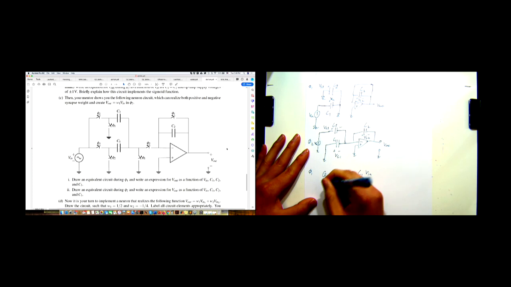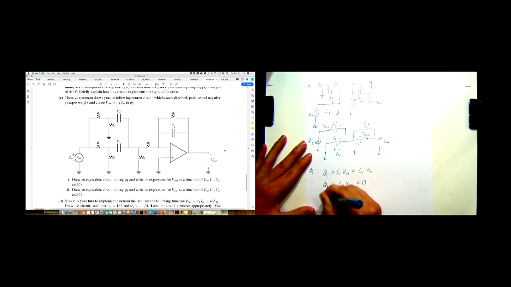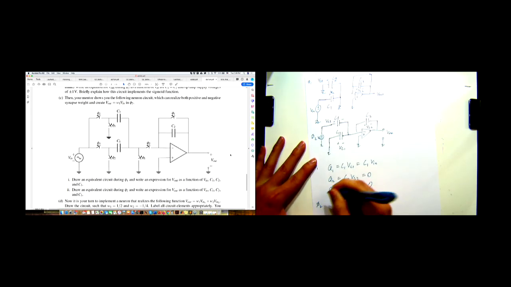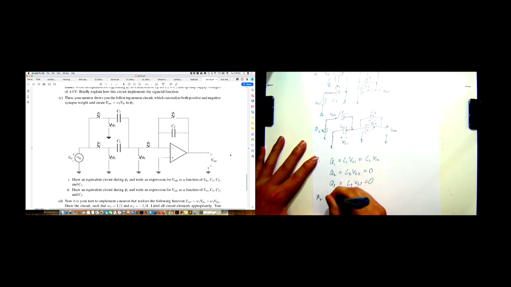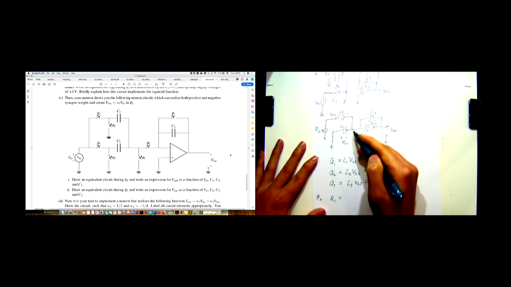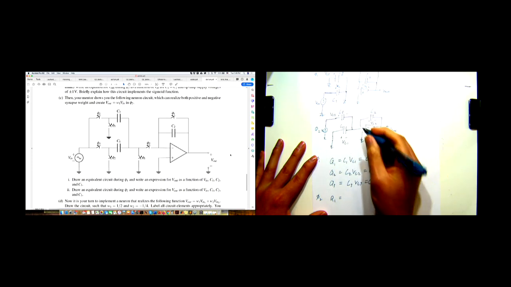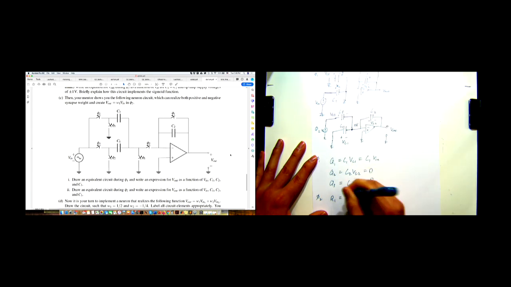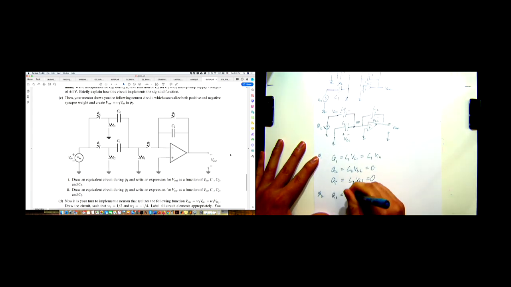Okay, and the charge on capacitor 2 is 0, and the charge on capacitor 3 is also 0. And in phase 2, we have the charge on capacitor 1. Again, this node is also at 0 volts. So the charge on capacitor 1 is 0.